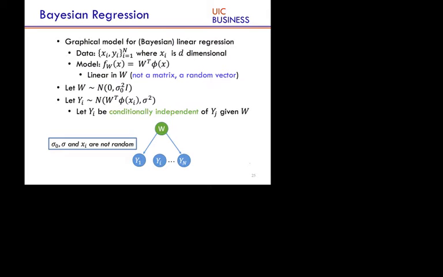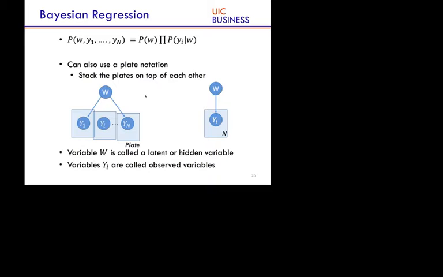Given this graphical structure, again, we know how to decompose it by just reading off from the graph, right? It's just a directed probabilistic graphical model. And again, you can use plate notation where the yi's are the n copies. w is called a latent or hidden variable.